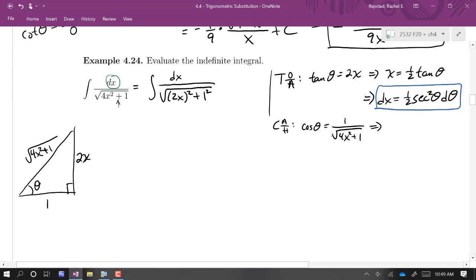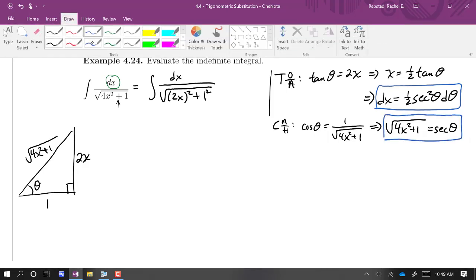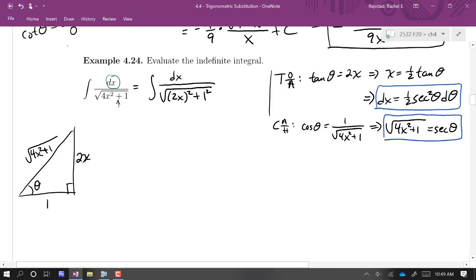And that means that the radical itself is going to be 1 over cosine, or secant. So we've got the things we need substitutions for. So now let's make our substitutions.